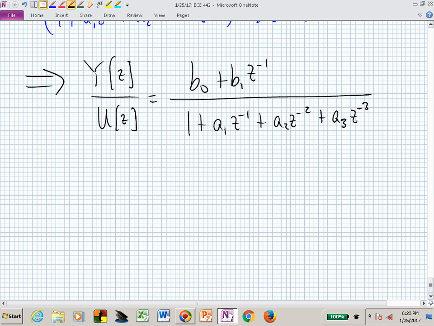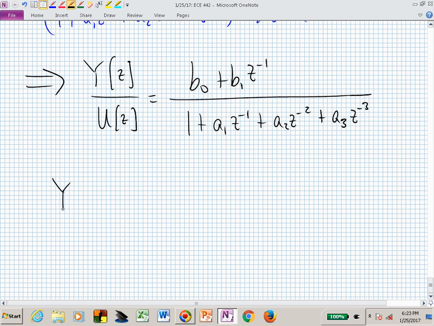You could factor out a z to the minus 3 from the numerator and the denominator, or you could multiply by 1, where 1 is this special one of z cubed over z cubed. Sometimes that's easier to think of. If I multiplied that by 1, I haven't changed anything, and my 1 is z cubed over z cubed. If I do that, what do I end up with?